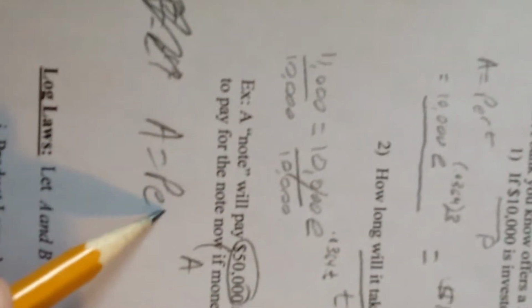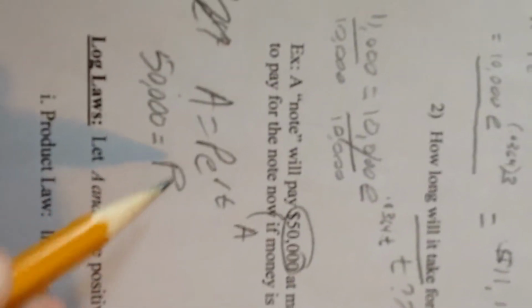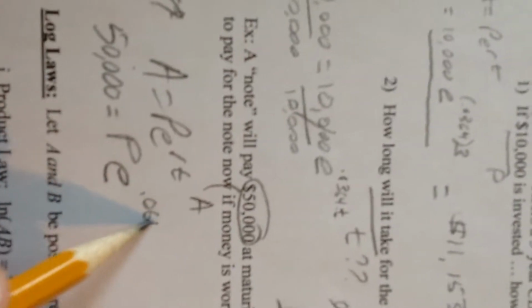So if I go back to my PERT equation, we'll start over. A equals Pe^(rt). I know how much I'm going to end with, $50,000. I do not know how much I have to put in originally, but I know I'm going to have a rate of 0.064 and a time of 5 years.